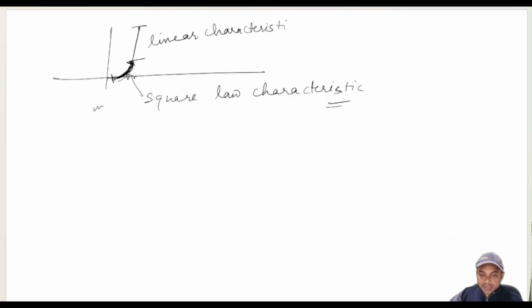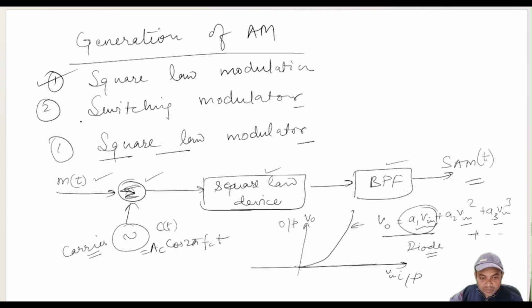It means when we are giving input, we want to keep it in this portion so we can get the square law characteristic. Whatever we have written here, the square law equation, is only achieved at this position.